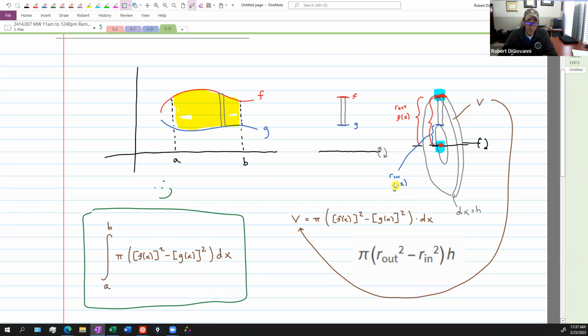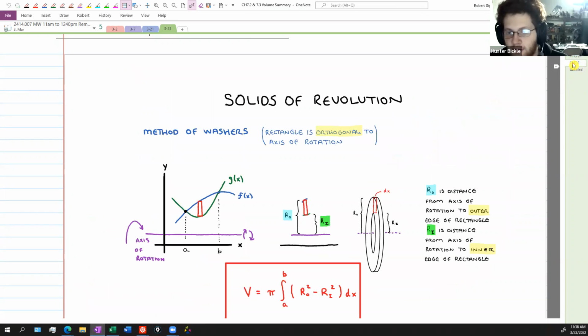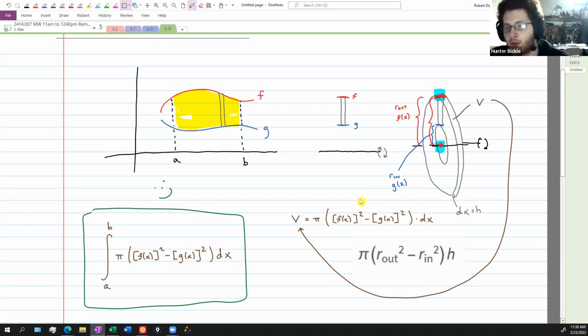Once you know what R out and what R in are, everything's simple because you just plug it into the formula. So let me bring up those notes I was talking to you about. It's the same general dilemma as the previous lesson, where you figure out which one's on top, and then using that, it's just plug and play. Kind of. Right now, I'm only asking you to rotate it around the x-axis, right? But there's nothing stopping me from asking you to rotate it around a different line.